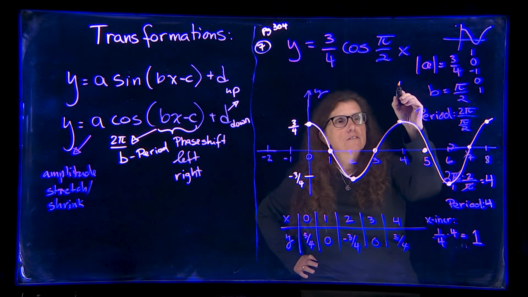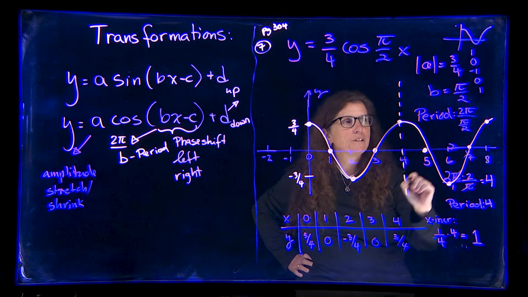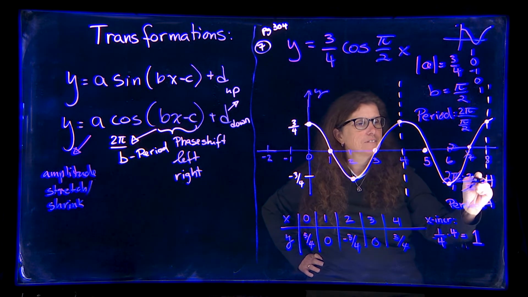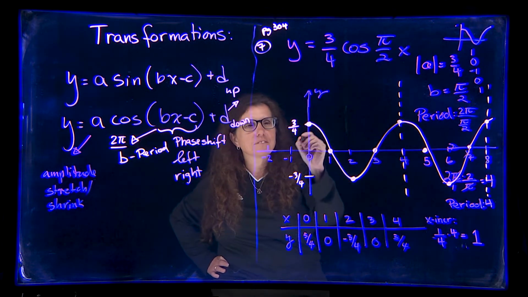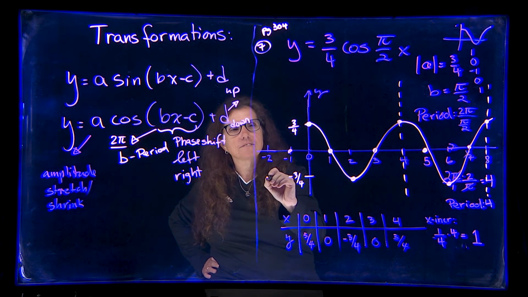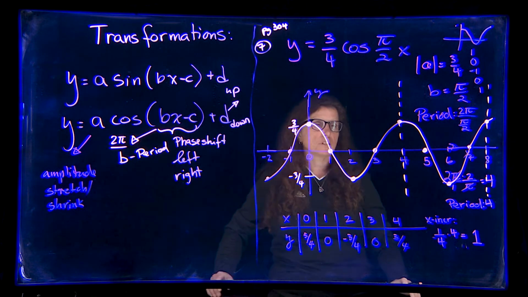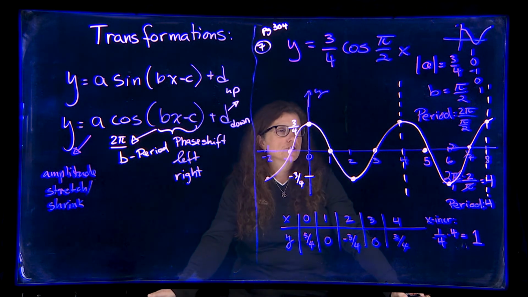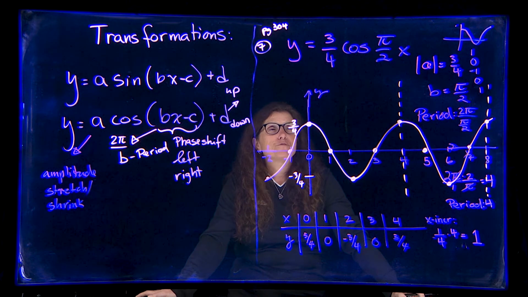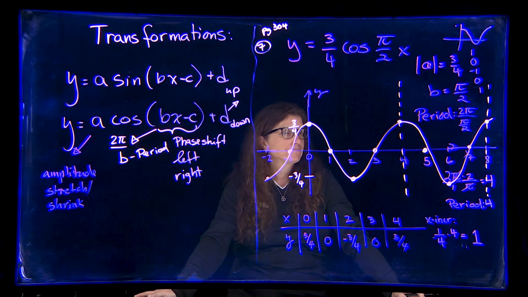This is now 2 periods. Beautiful. Oh, I like graphing. If you go the other way, you go down, back to negative 3/4, and at least we can get half a cosine function in there. That's how you graph functions with more than one transformation.